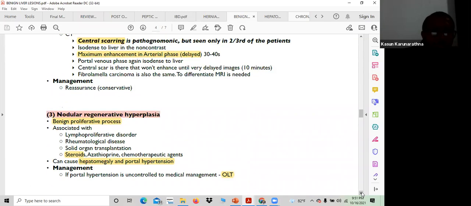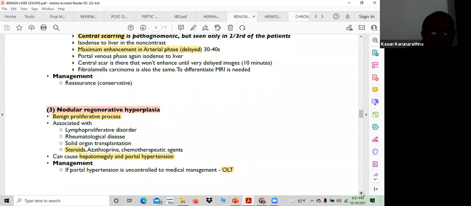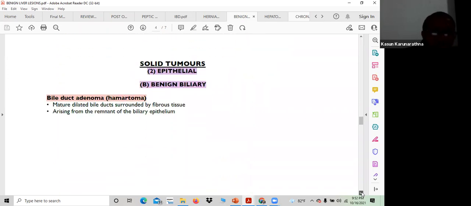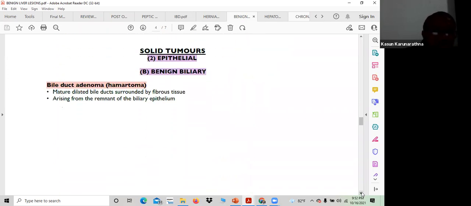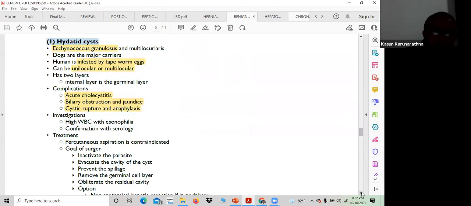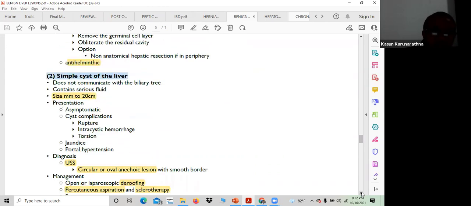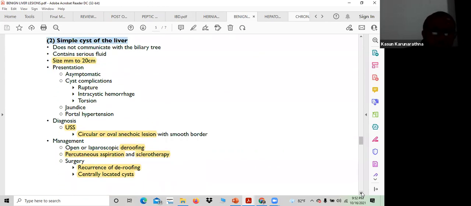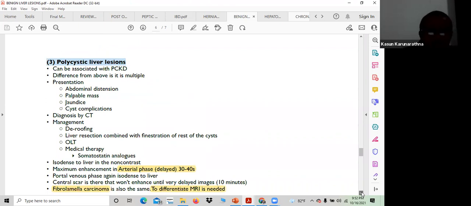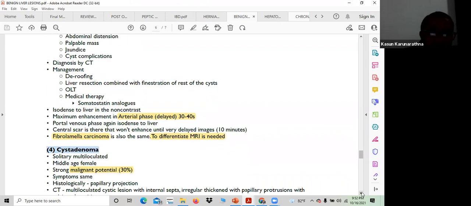Then there are benign biliary tumors as well: bile duct adenomas, hamartomas, the liver cyst, hydatid cyst, and simple cyst of the liver. Polycystic liver lesions can be associated with polycystic kidney disease.